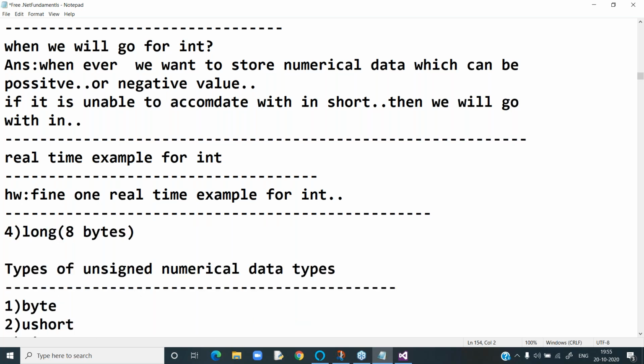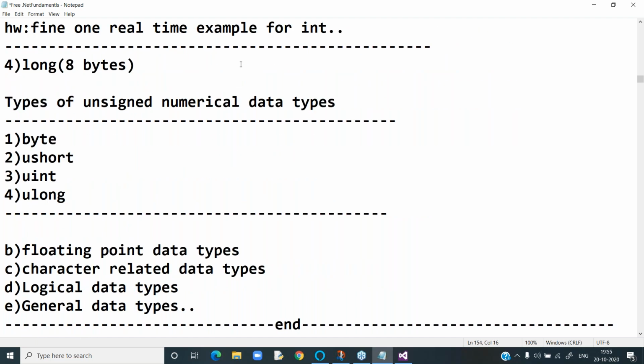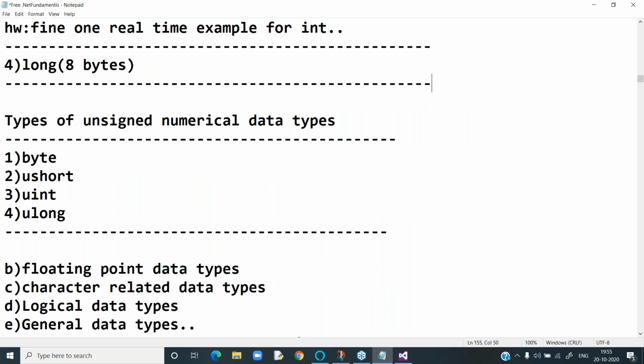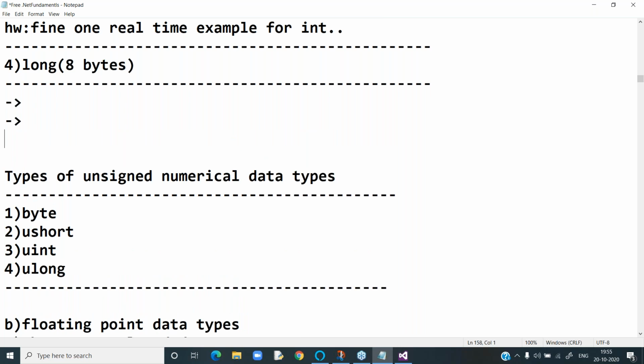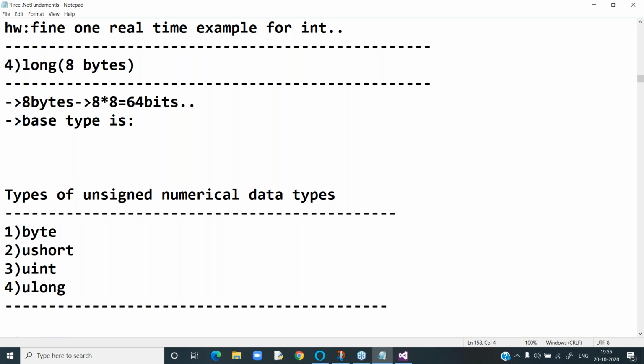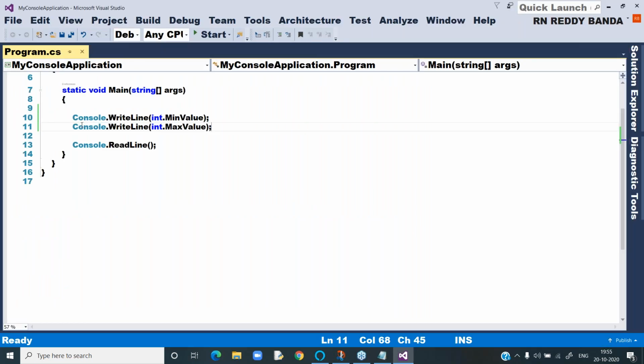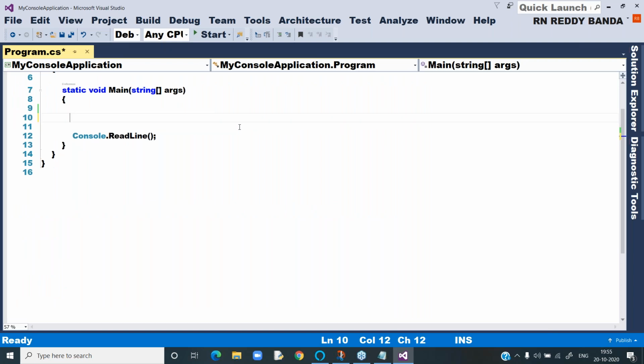Next data type is long, the fourth category. Long is 8 bytes. What is the predefined size? 8 bytes, that is 8 into 8. What is the base type of long?